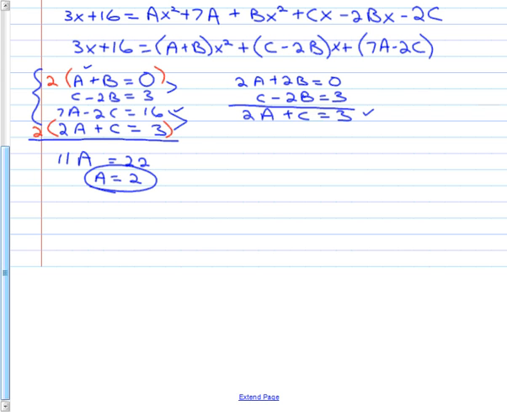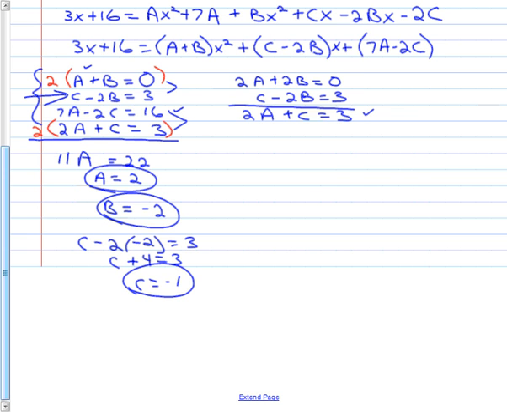Let's come right up there. A is 2. What is b? Negative 2. And what do I need? A c somewhere. Let's use that one. C minus 2 times b, which is negative 2, equals 3. So c plus 4 is 3. What's c? Negative 1.